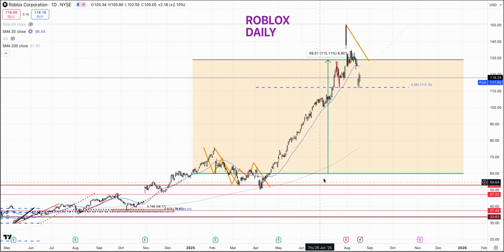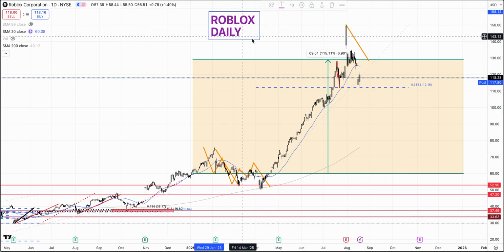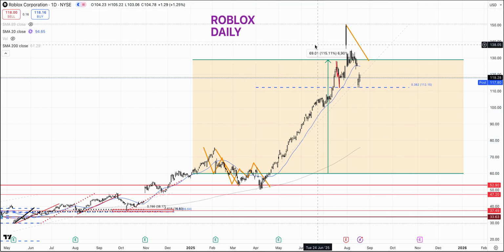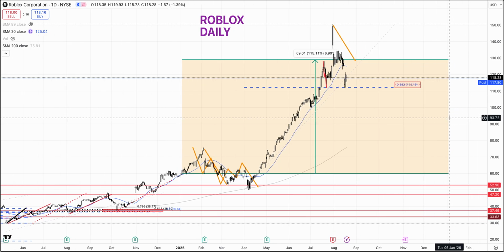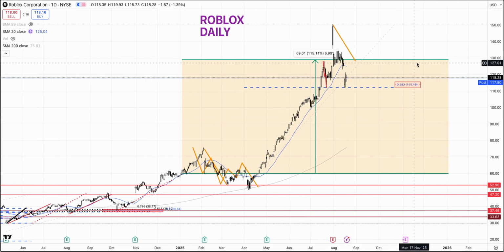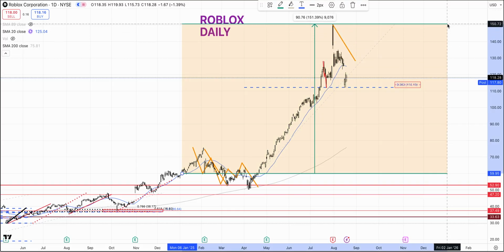Now look at the gap between the 200-day and 20-day moving average, and what has the stock done? It has come right into the 38.2% retracement. Guys, these levels work like magic in volatile markets in particular. They work in all markets, but when the markets are really, really volatile, these numbers begin to get hit left, right, center.